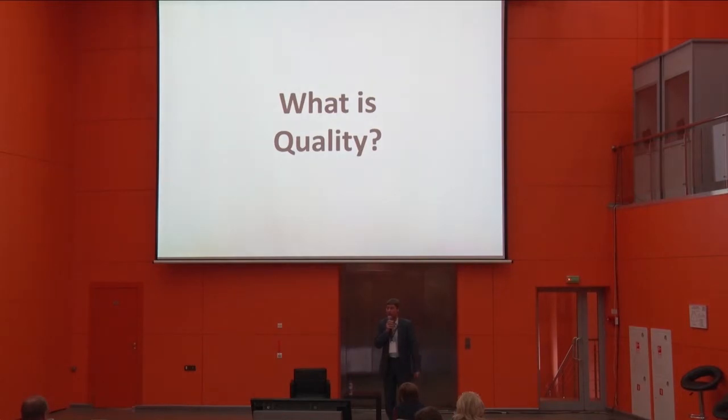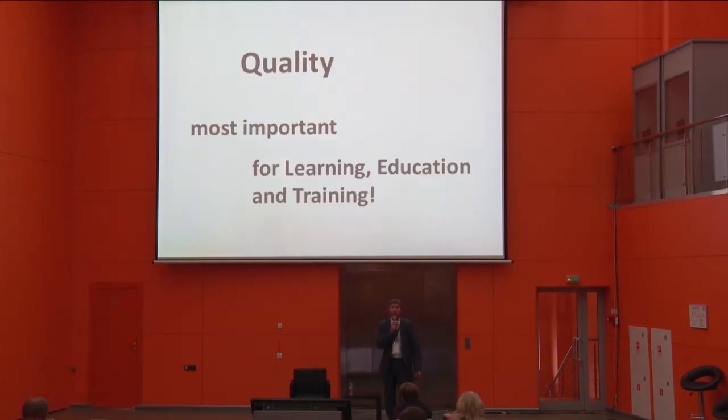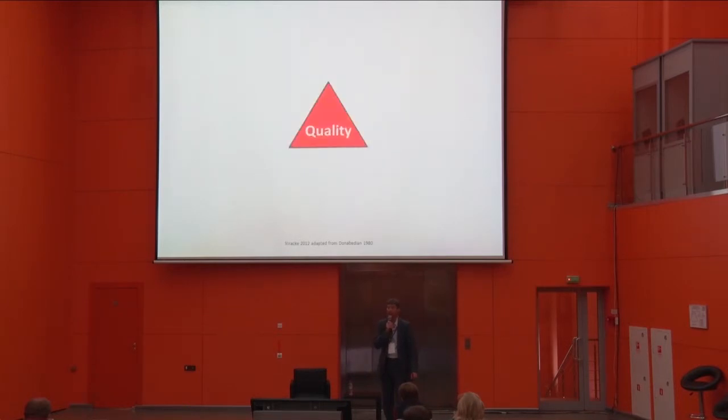Okay, let's come back to what is quality. Quality is most important for learning and education. That is my key message that I would like to transfer to you. If we start with quality, you may know the quality dimensions from Donabedian that he established for quality management in the healthcare system.